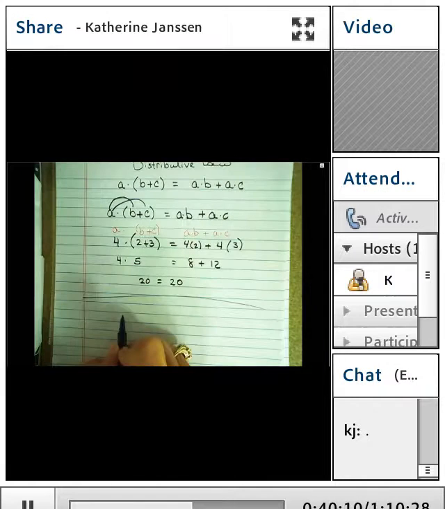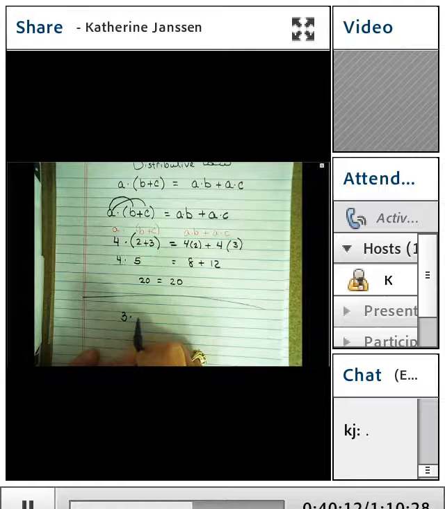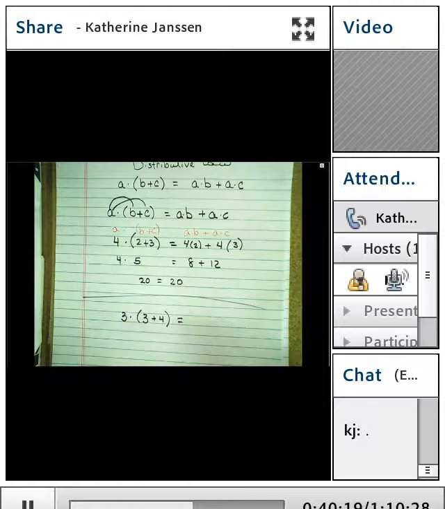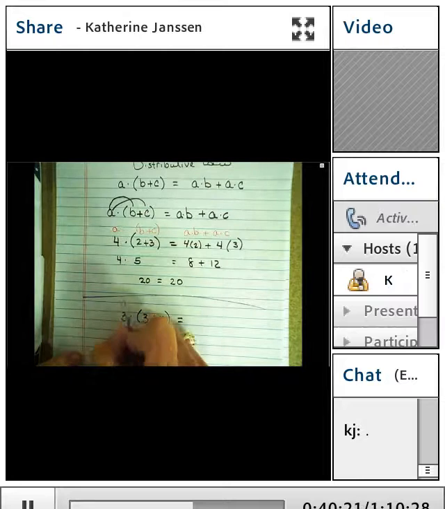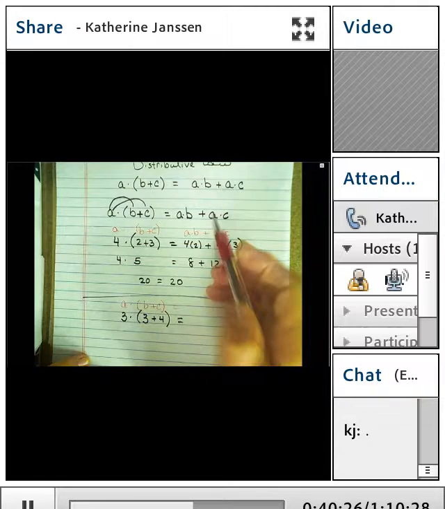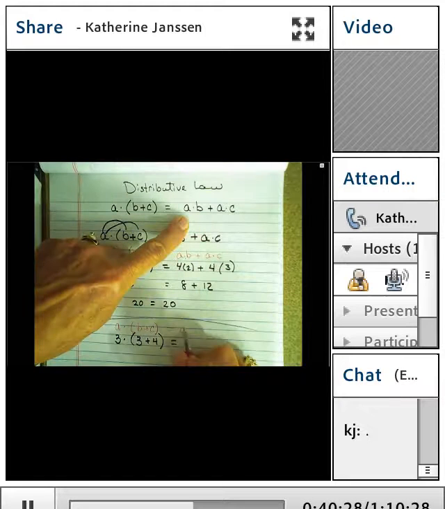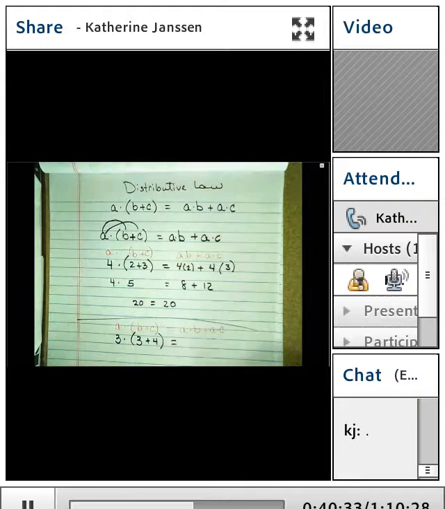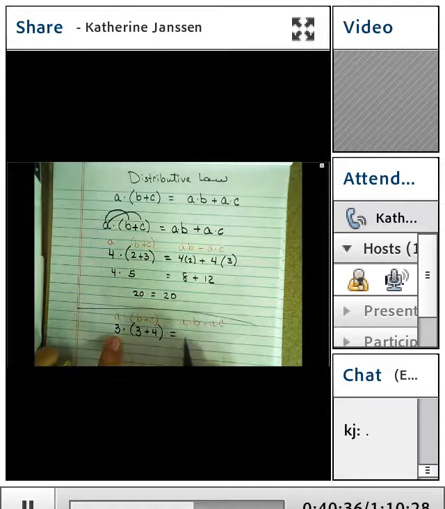Let's try 3 times 3 plus 4. Well, that's our A times B plus C. And our distributive law says that we can expand that as A times B plus A times C. A in this case is 3 times B is 3 in this case, plus A in our case is 3 times C, and C's position is 4.